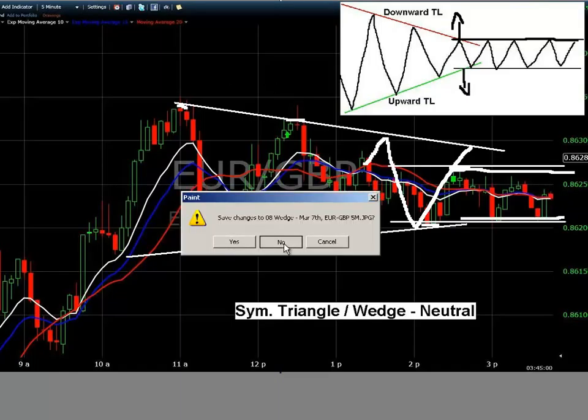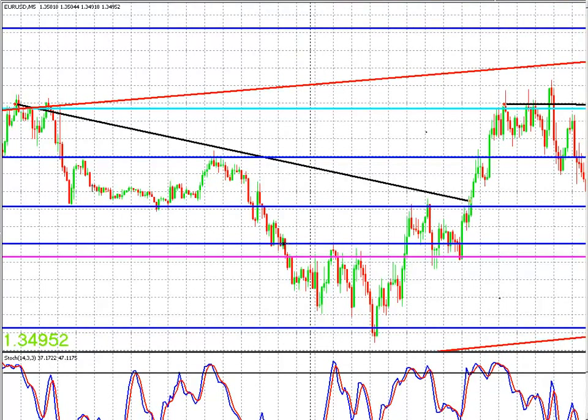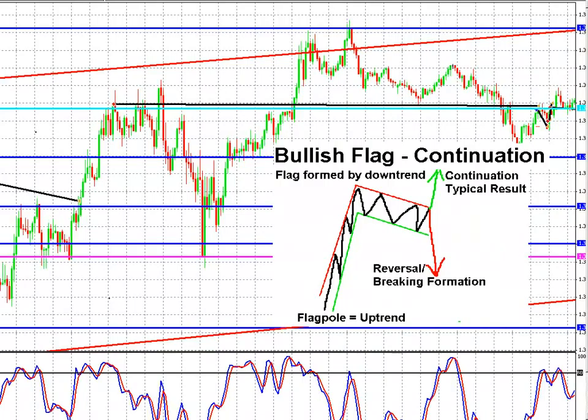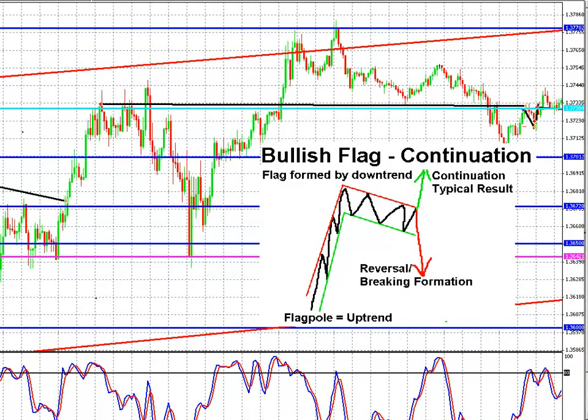And it's now 18 minutes into the video. This is Euro USD September 14th 5-minute chart. And this is a bullish flag. These are continuation pattern formations. You're going to have a flagpole, which is formed by an uptrend.